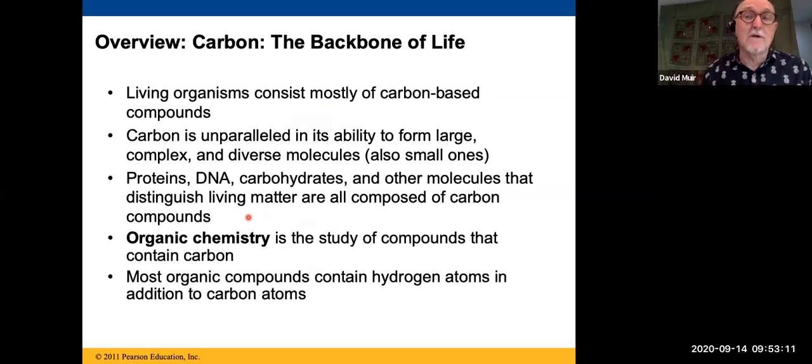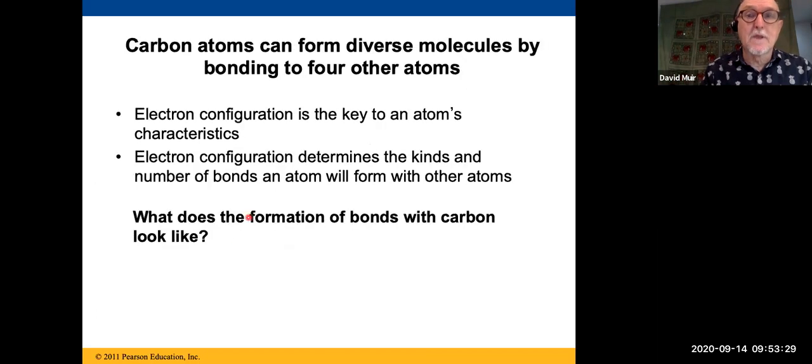Now, most organic compounds contain hydrogen atoms in conjunction with the carbon. And then there are a few other elements which we frequently see associated, especially in biomolecules. That electron configuration is key to the structuring of biomolecules.